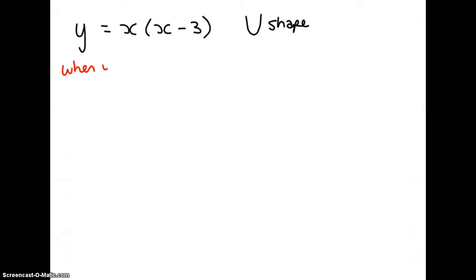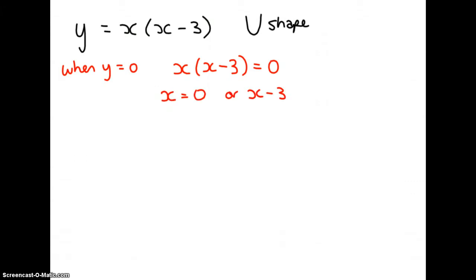So when y is 0, then I can say x times x minus 3 is 0. If two things multiplied together give 0, either the x is 0 or the x minus 3 is 0. And x minus 3 being 0 will give us that x is 3. So this graph is crossing my axes at 0 and at 3.